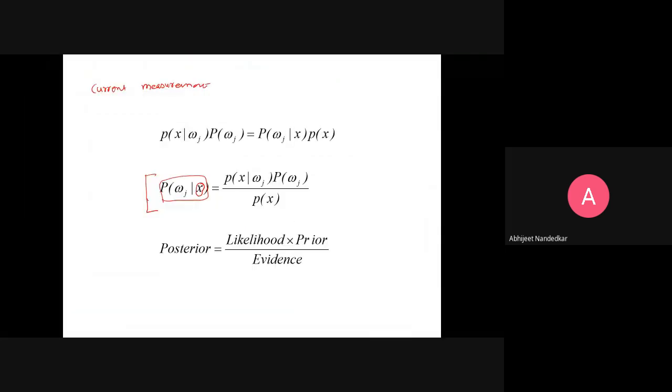Okay, so this is the current measurement from the environment, say height is equal to, let us say, 0.4. Now this is called x, 0.4. Now the question is, what is the class of this object?